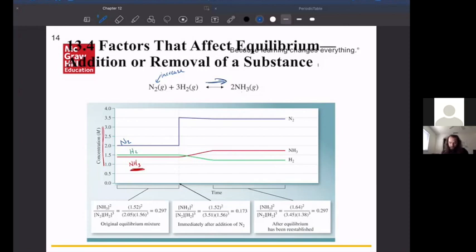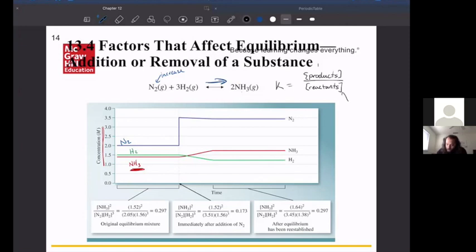Okay, and you can convince yourself of that using this equation here. Again, K is products over reactants, and K has to remain constant.